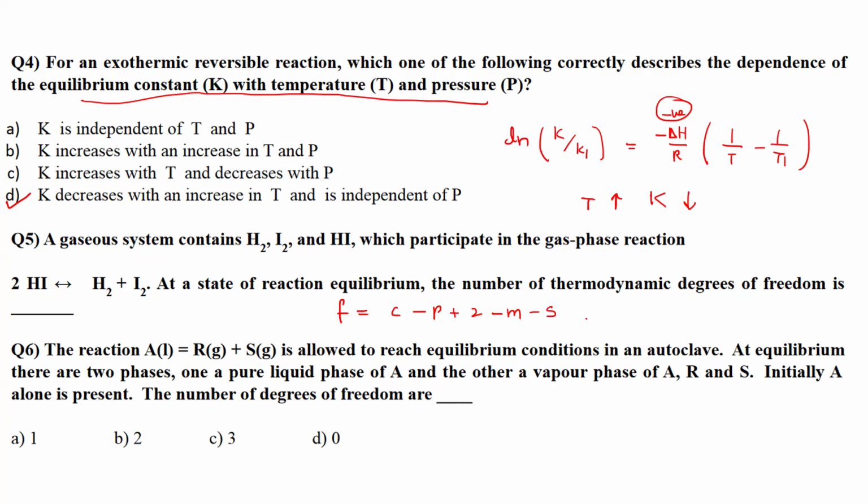So here the number of components is 1, 2, 3, so 3 minus 1, since it is completely happening in one phase only, the gas phase, plus 2 minus 1 independent constitutive reaction, equals 3.